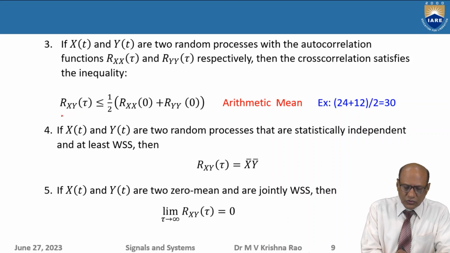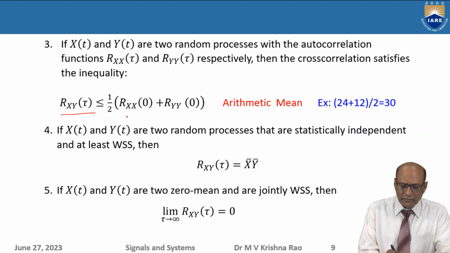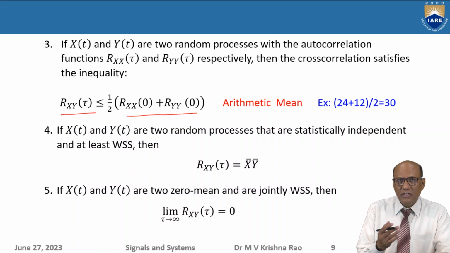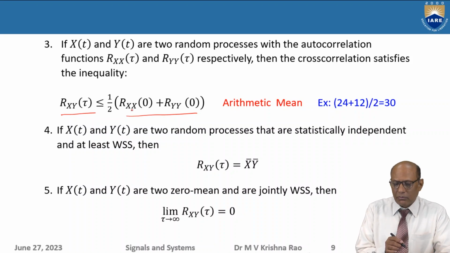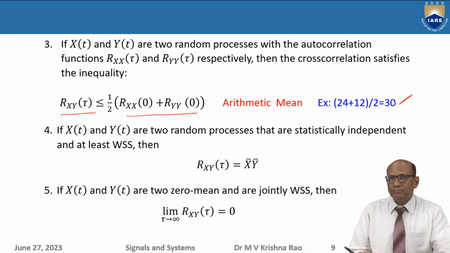Same thing: the cross correlation function RXY cannot be more than the mean value of both powers, that is the power of the first process and the power of the second process. If I take the mean value, the average of both powers, that is the upper bound. So this is nothing but the arithmetic mean. In our example, 24 plus 12 divided by 2 is nothing but 30.